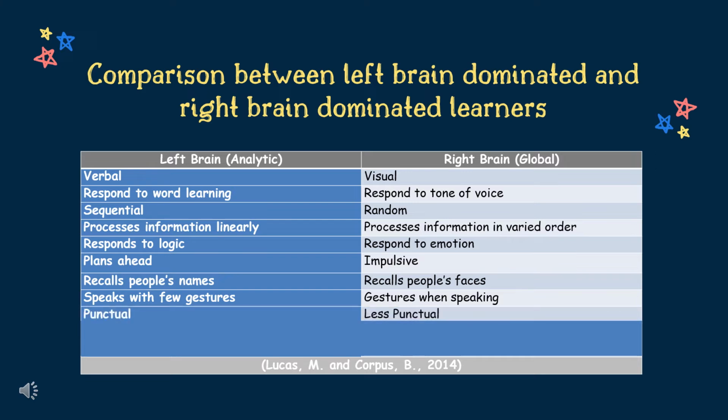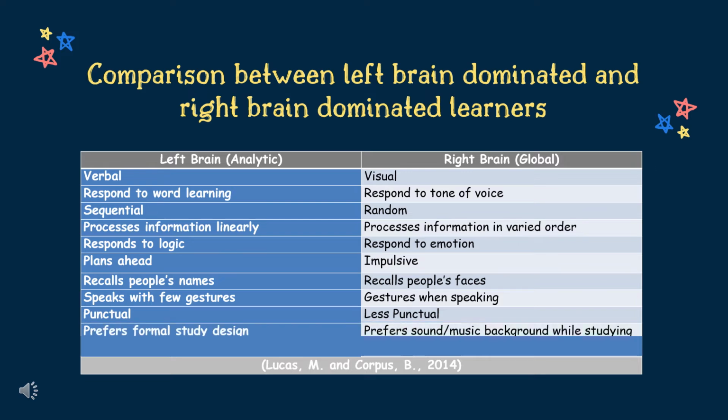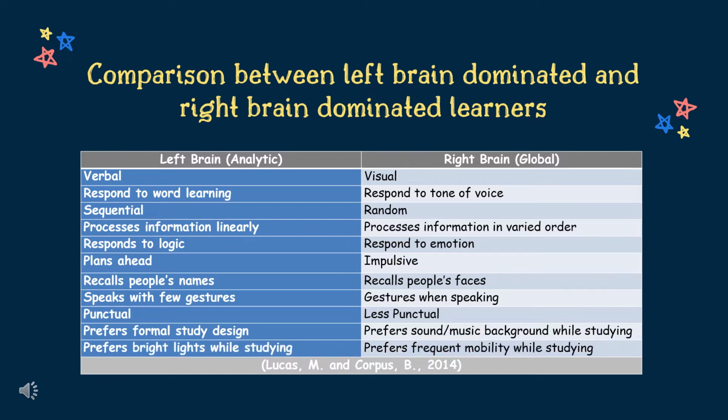And analytic thinkers are punctual, while global thinkers are less punctual. And analytic thinkers prefer formal study design, while global thinkers prefer sound or music background while studying. Lastly, analytic thinkers prefer bright lights while studying, and global thinkers prefer frequent mobility while studying.